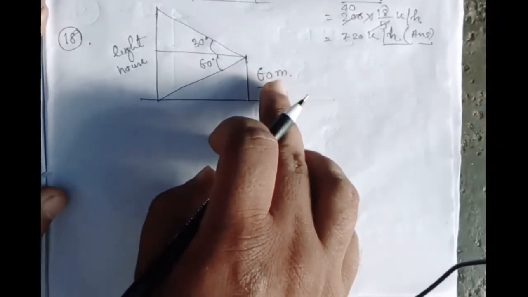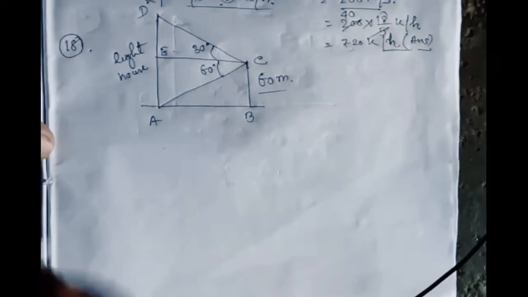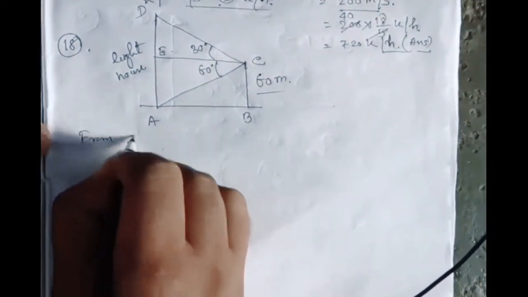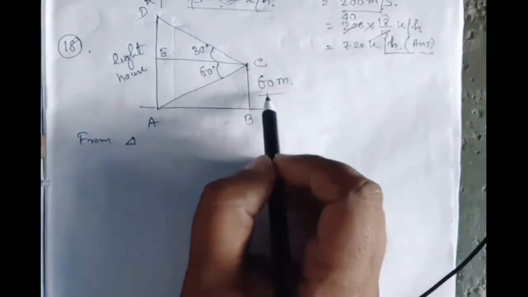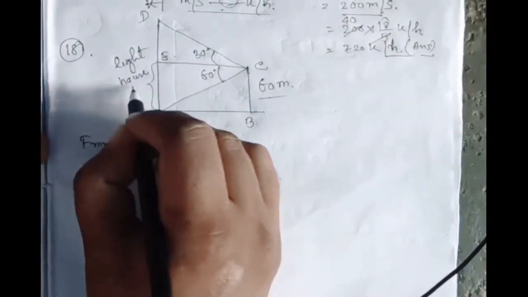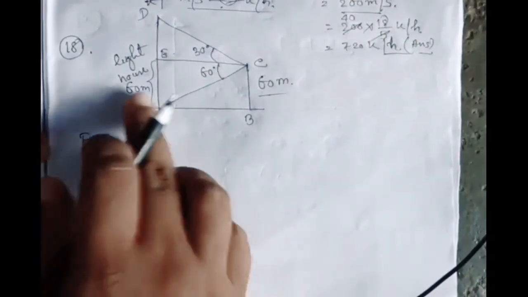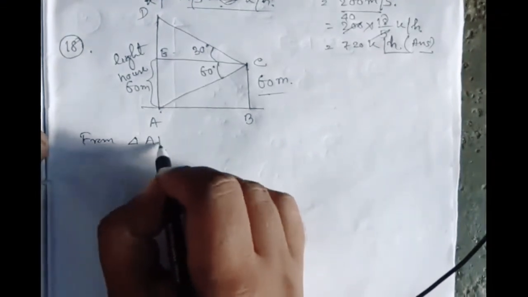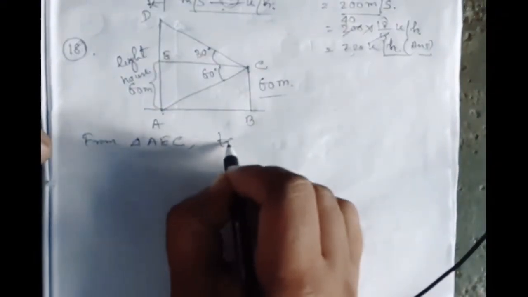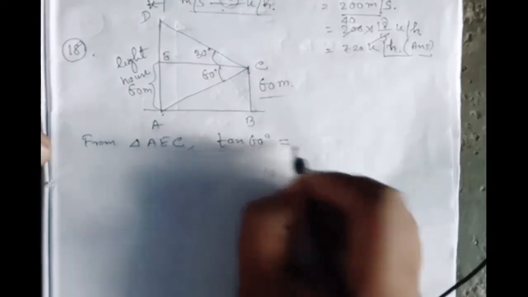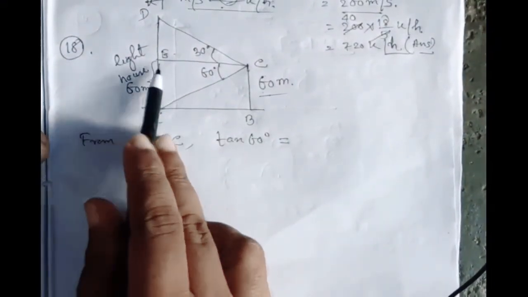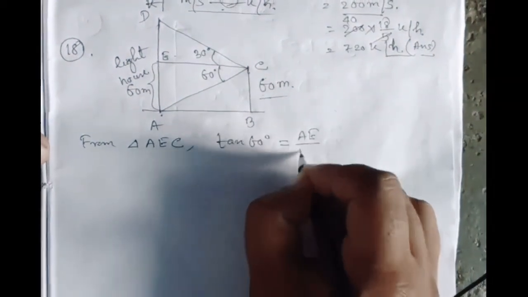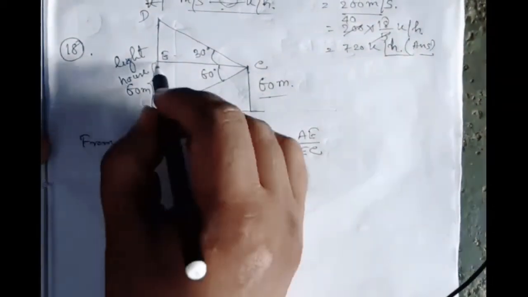So obviously, from the triangle, this is 60 meter. Now from triangle AEC, tan 60 is equal to AE by EC. AE by EC means height by base.